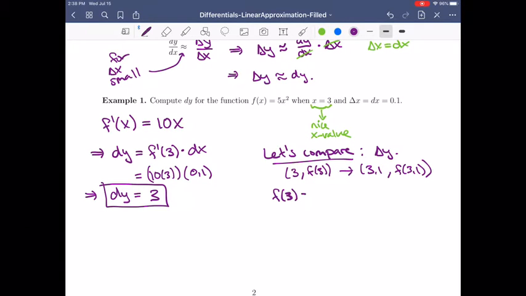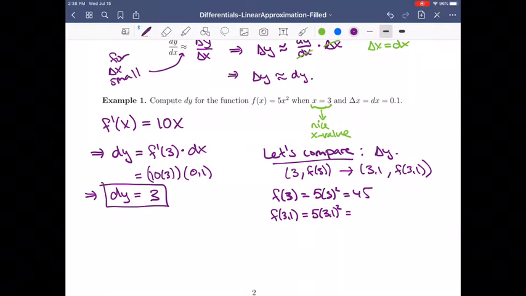We said f prime of 3. So f of 3 is 5 times 3 squared, so it's 45. f of 3.1 is 5 times 3.1 squared, which if you compute that is 48.5.